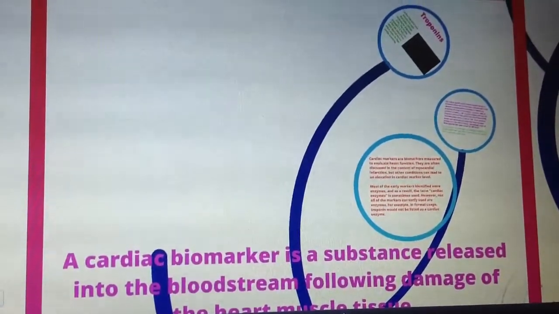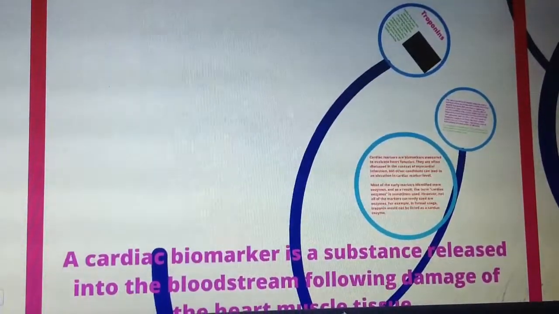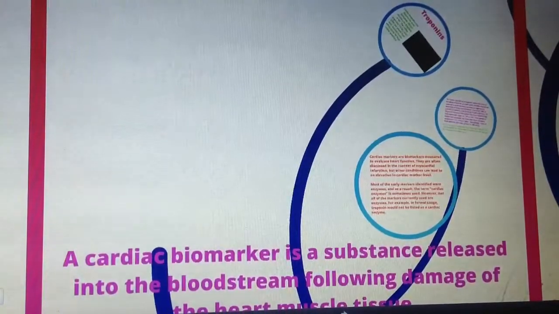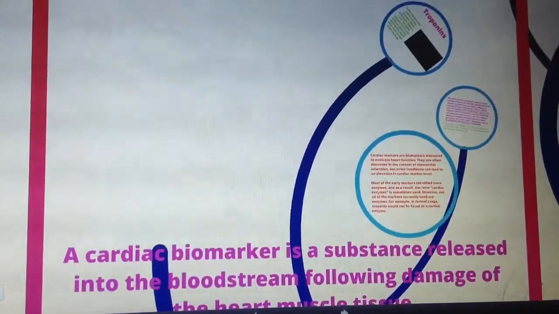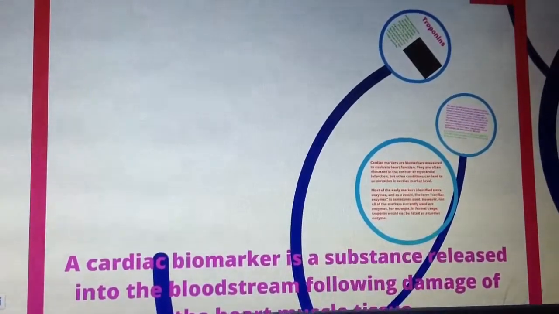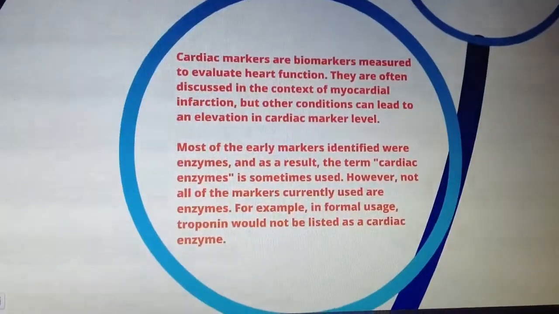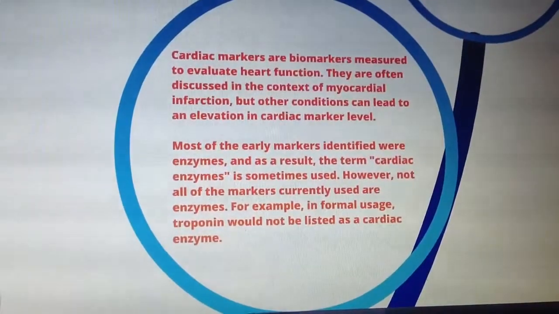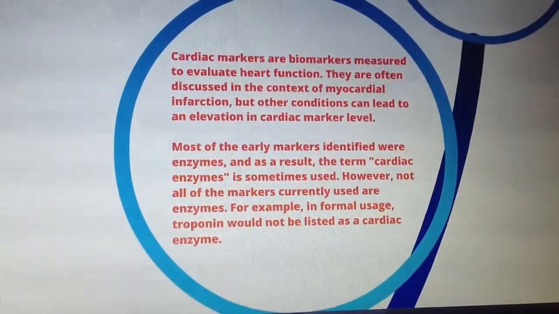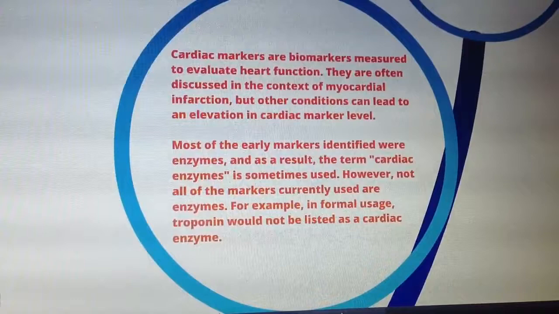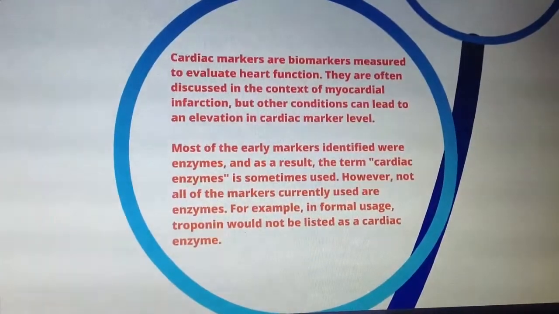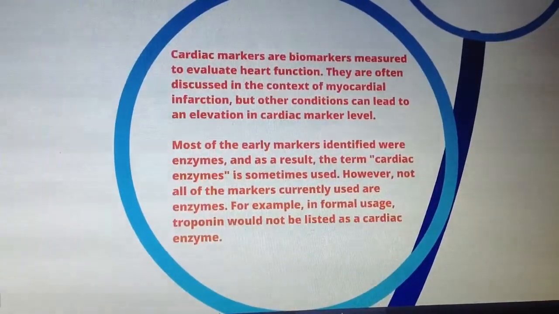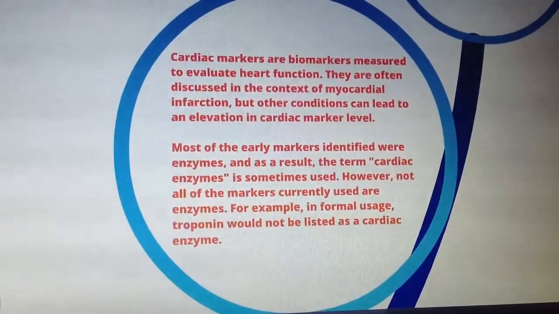A cardiac biomarker is a substance released into the bloodstream following damage of the heart muscle tissue. Cardiac markers are biomarkers measured to evaluate heart function. They are often discussed in the context of myocardial infarction, but other conditions can lead to an elevation in cardiac marker level.